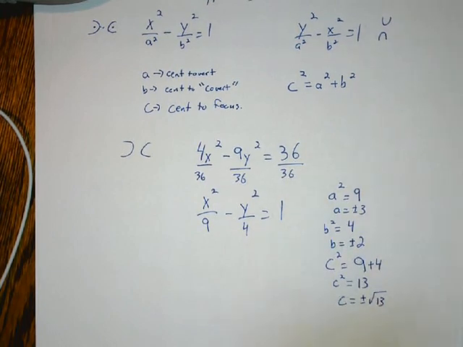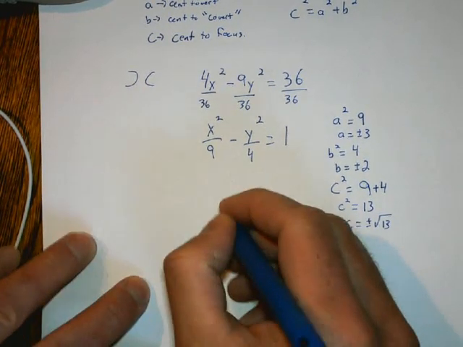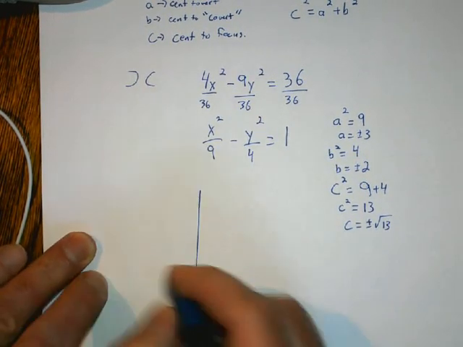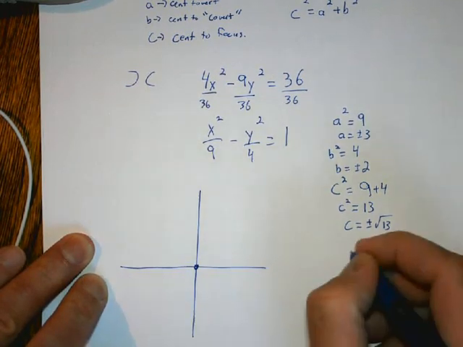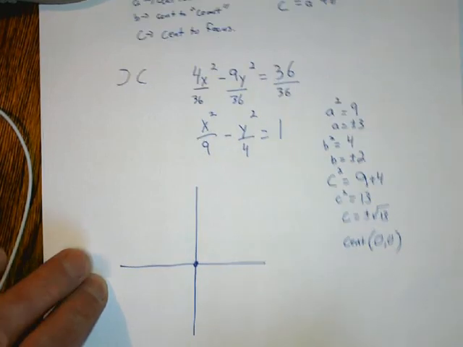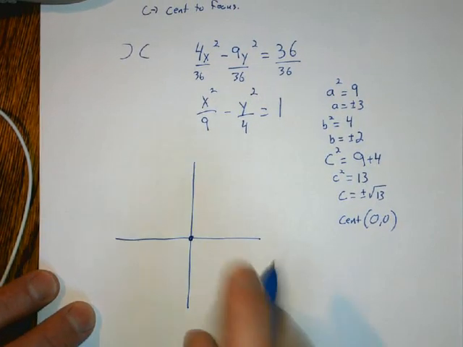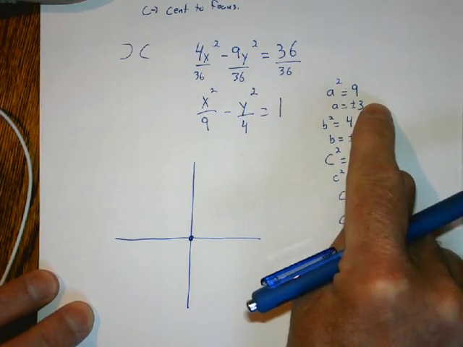All this will come into play in a second as we start to rough sketch. Now, remember, everything today is centered at the origin, so we draw it out. So our center is at 0, 0. Remember how we always like to make our lists. We know this has to go left and right, so the A value tells you to go left and right 3 to find your vertex.